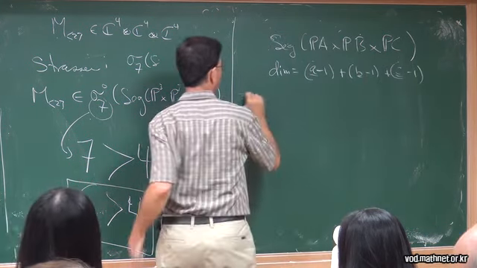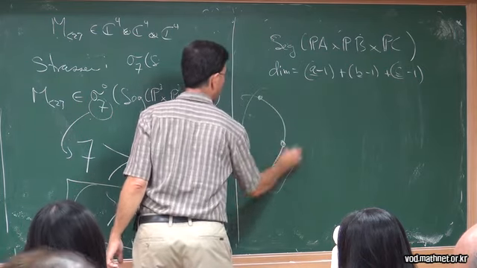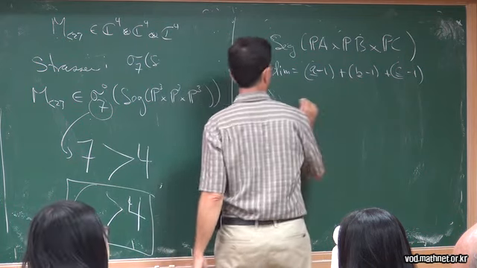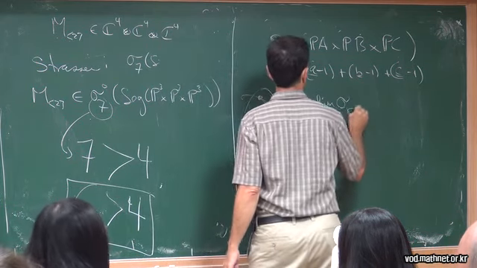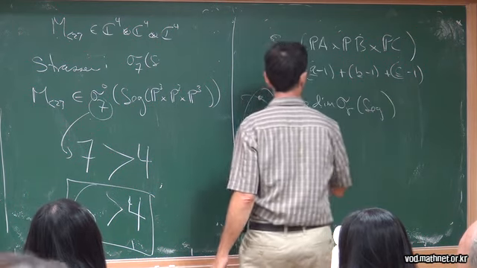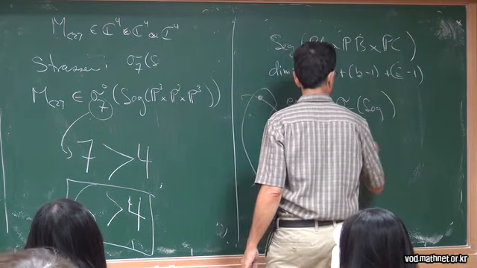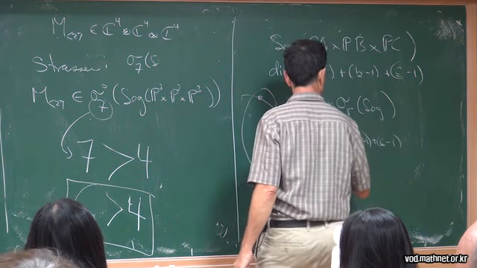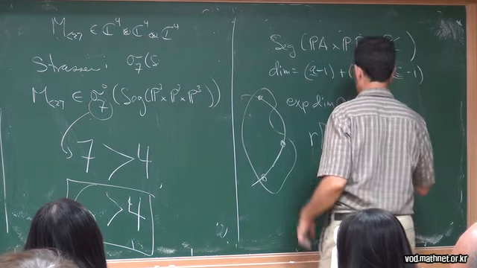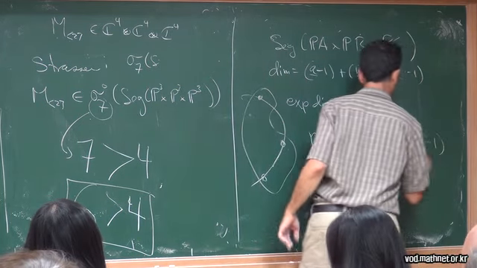And if we pick a point on sigma r, we get to pick r points. So the expected dimension of sigma r of the Segre will be r times A minus 1 plus B minus 1 plus C minus 1, plus any point on their span, so that's an extra r minus 1.